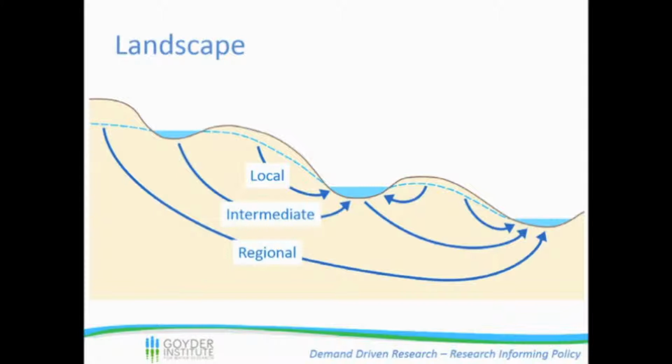When looking at this, in particular at the regional scale, you can then start to assess where the wetlands fit in this system. So you'll have wetlands that will be located in regional recharge areas, in regional flow-through and regional discharge areas.